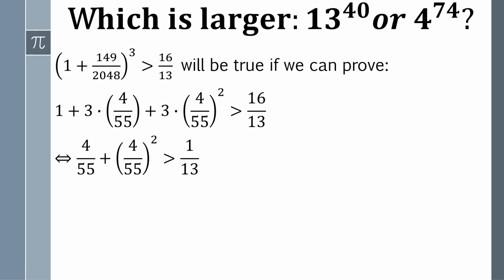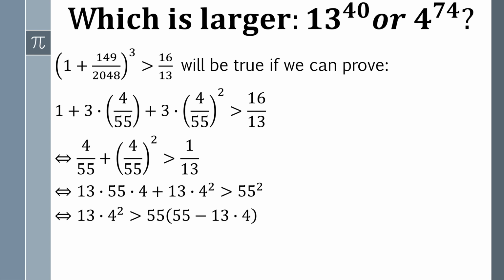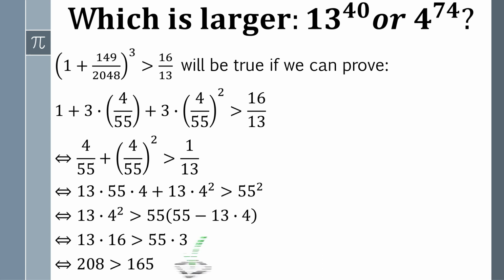Both sides are multiplied by their common denominator 13 times 55 squared, and after a few more steps of manipulation of the numbers, we can get 208 is larger than 165. Of course, this is true.